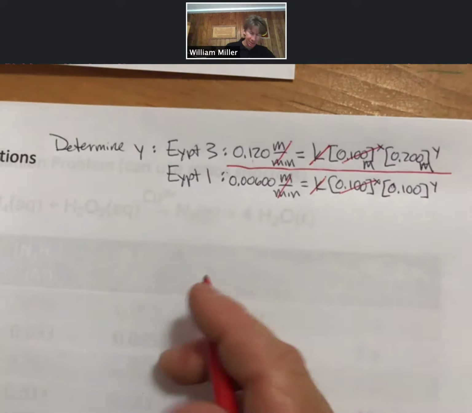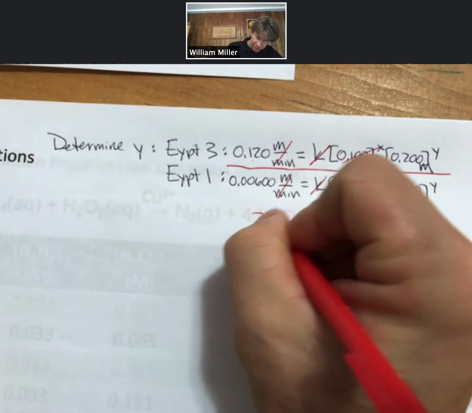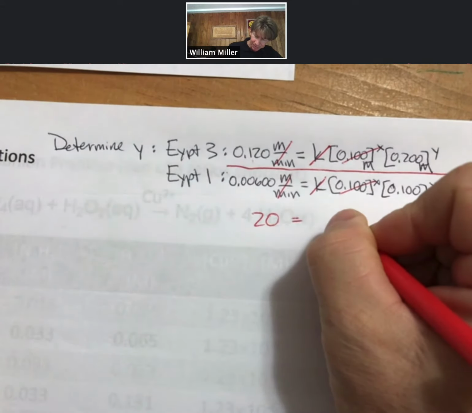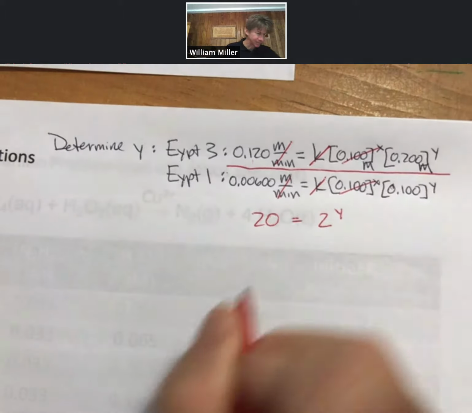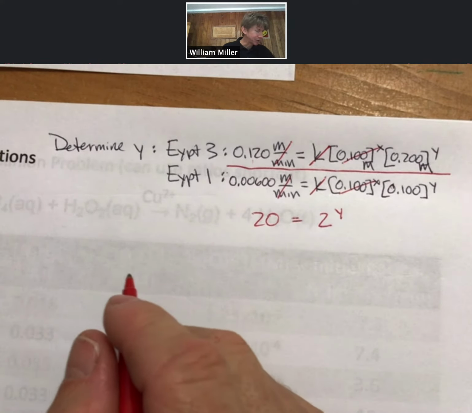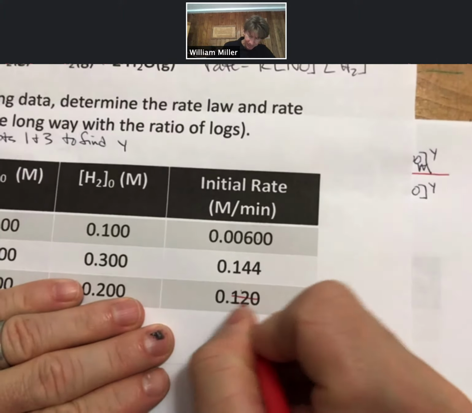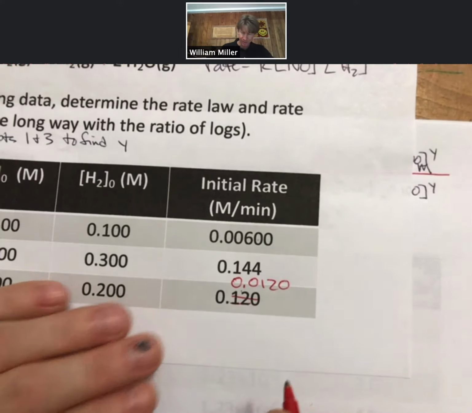Yeah, that's what it says. So 20 equals 2 to the Y. And something doesn't quite seem right there. Ah, yes. I found an error in my notes. So this should be 0.0120.